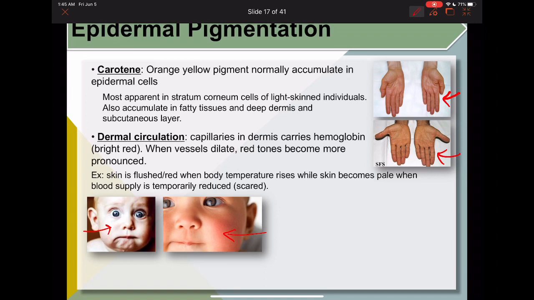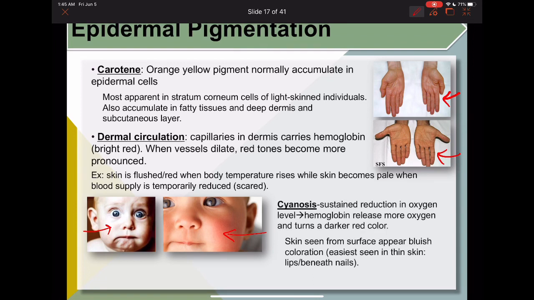And that's why when you're scared, you look more pale. And when you're sick, then of course blood is redirected to fight the disease versus just blood going through underneath your skin.